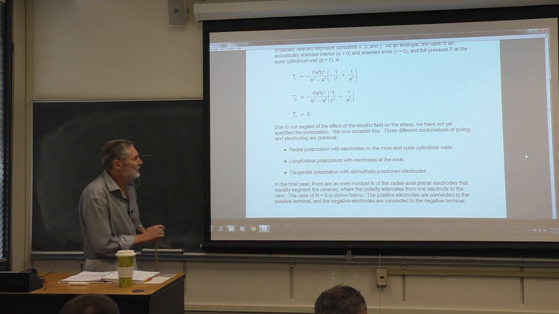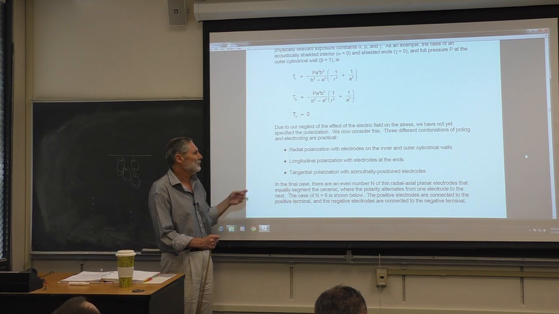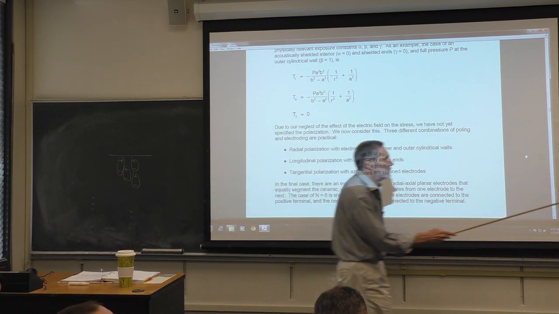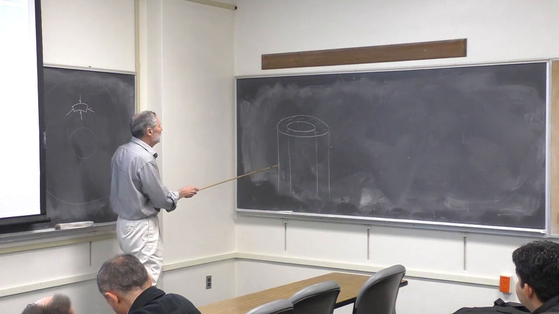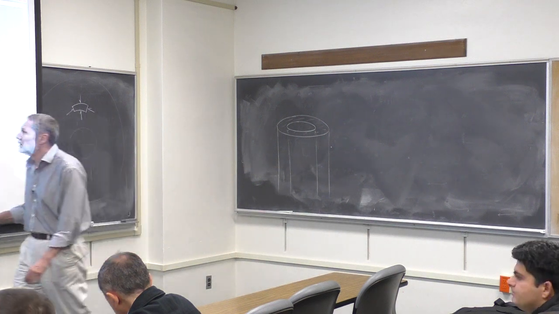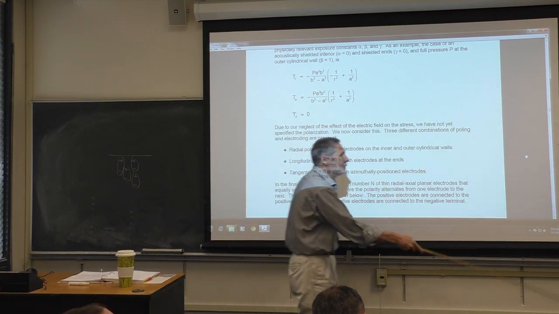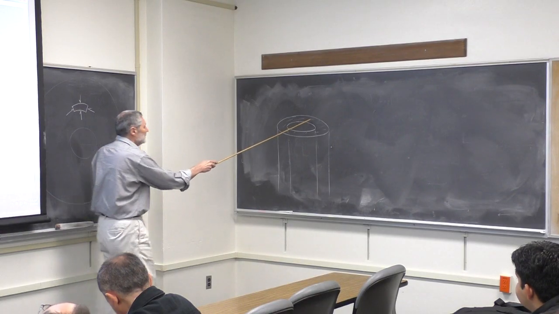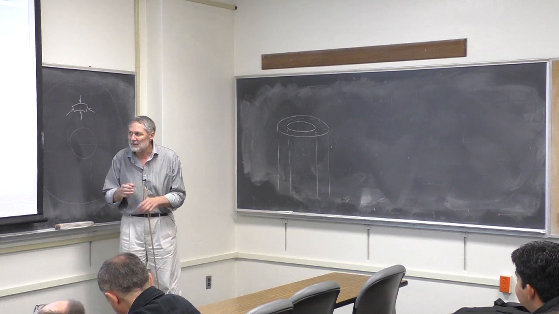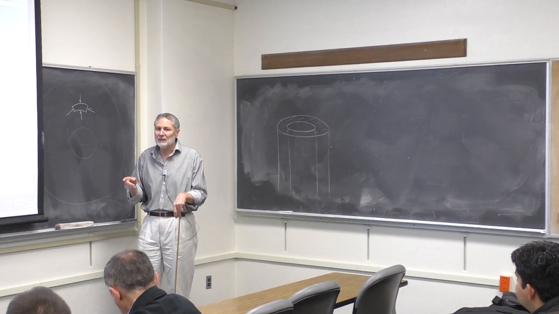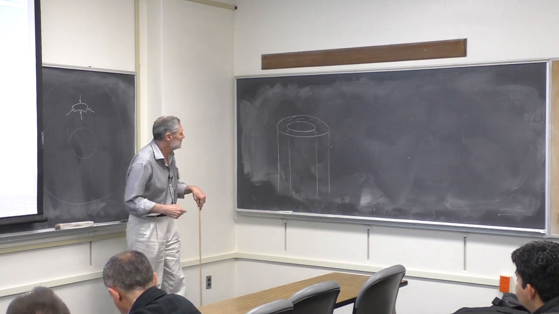Okay, so here are the three practical polarizations. As we mentioned before, there's radial polarization, when the electrodes will be on the inner and outer cylindrical surfaces. There's longitudinal polarization, where the electrodes are the ends here. And then there's a segmented azimuthal polarization.